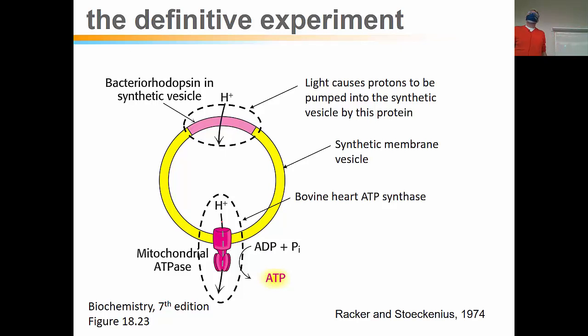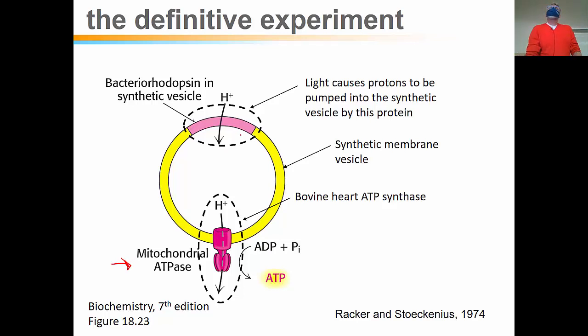So what they did was they made artificial vesicles, so with a lipid bilayer. So it's not actually a cell or a mitochondrial membrane or anything like that. They reconstituted this membrane with mitochondrial ATPase. So that's ATPase from a mitochondria.